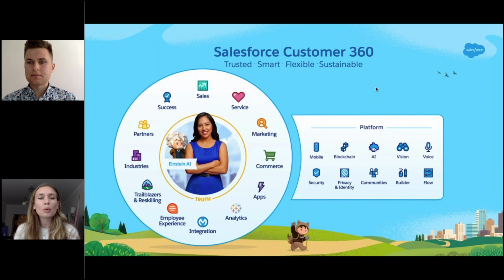And this is what we call the 360-degree view of your customer. And the goal is, of course, to help teams to get a shared view of the customer, so you can work together, build long-lasting trusted relationships, and of course deliver more personalized experiences, what customers expect nowadays.